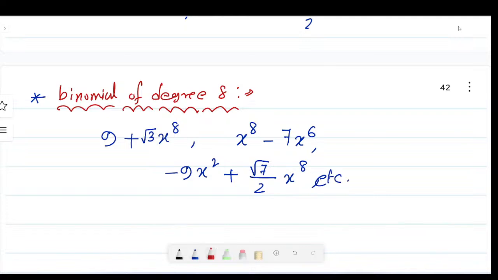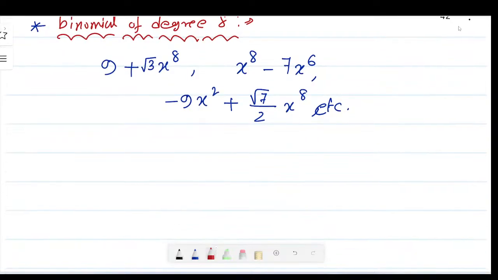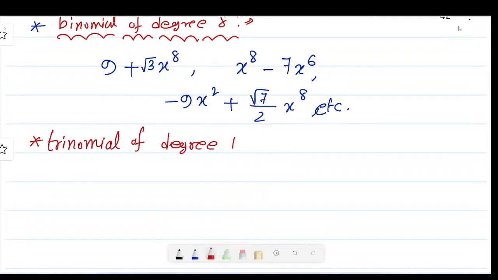Next is a trinomial of degree 4. Okay, it may be degree 12.